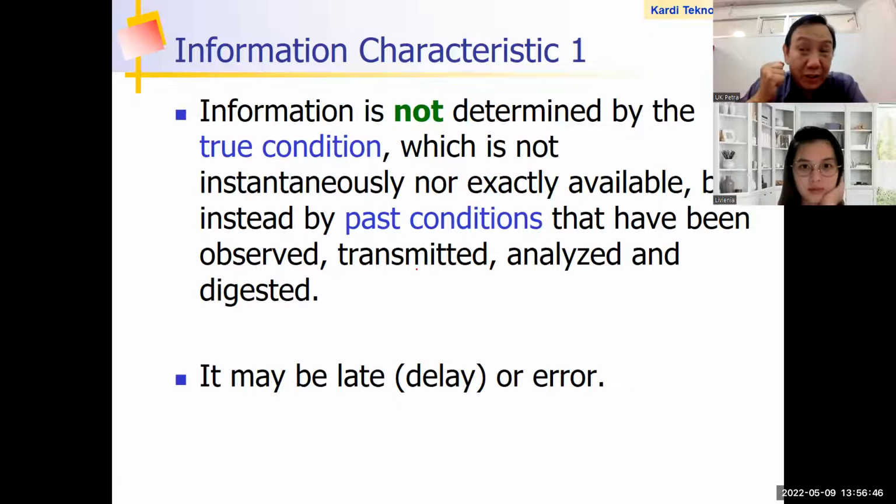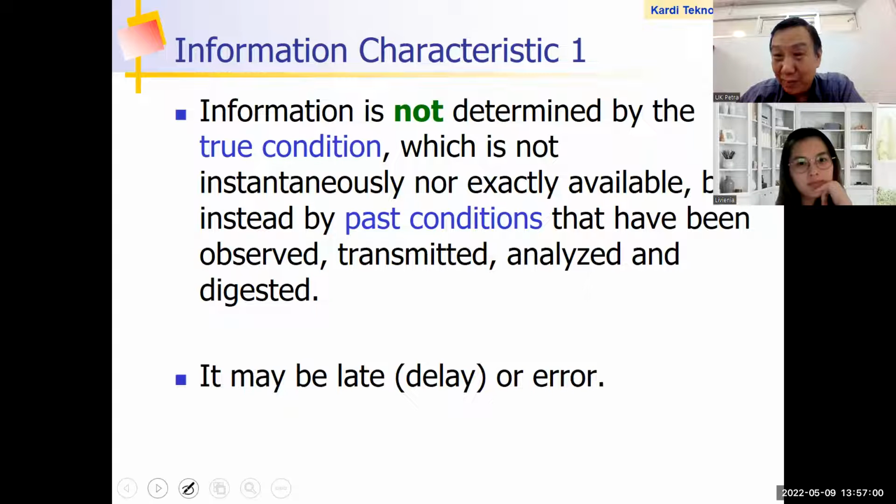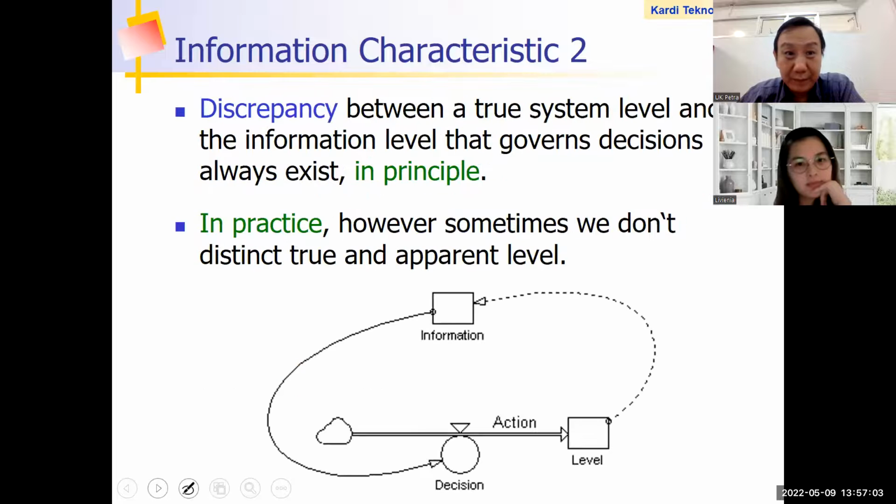When you get the information today, there is some delay from the actual level. Whatever the delay is, maybe half a second, maybe one hour, there is a delay. So the discrepancy between the true system level and the information level that governs the decision exists in principle.